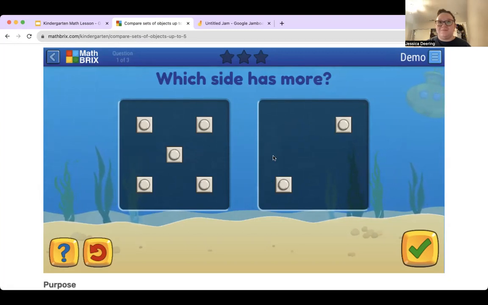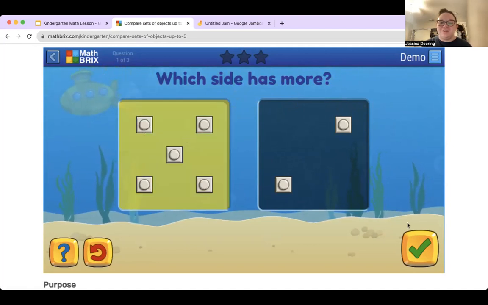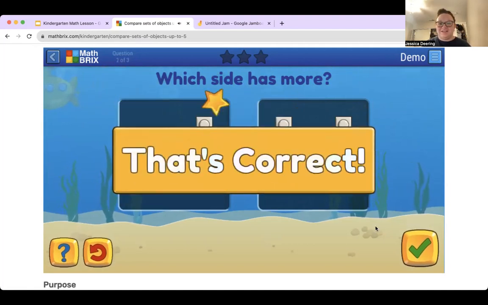And how many of you think there are the same amount of counters in box 1 as there are in box 2? If you said that there are more counters in box 1, you are correct. That is correct. Good job.